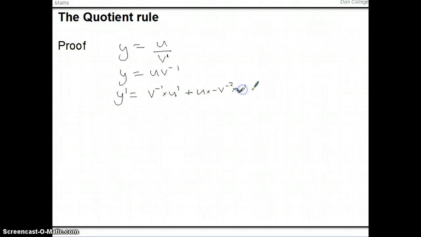And if we tidy that up, that gives us u dash over v there, so v to the minus 1. If I bring that down, it becomes v to the 1. Plus, actually it's not going to be plus, it's going to be minus because I've got a negative here. u v dash over, now when this goes down, I take it to the bottom of the fraction and it becomes v squared.